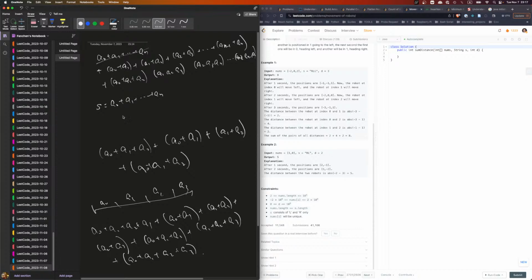So this will be A0 plus 2A1 plus 2A2, up to 2A(N minus 1) plus AN. So that will equal to S, A0 all the way to AN, plus another S minus A0 minus AN. Right? So 2S minus this.